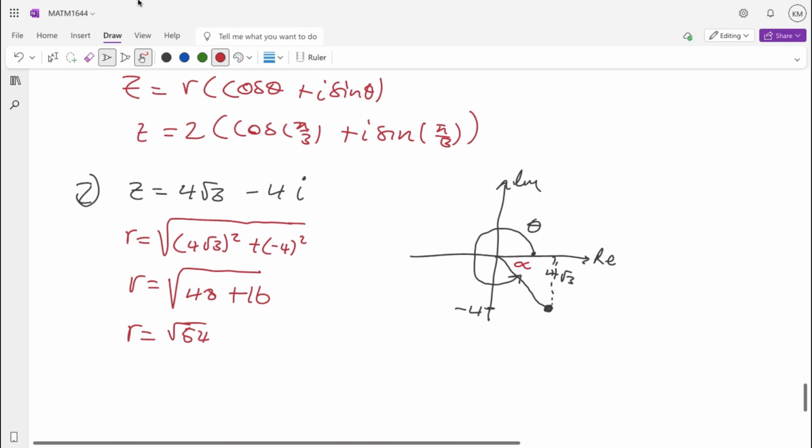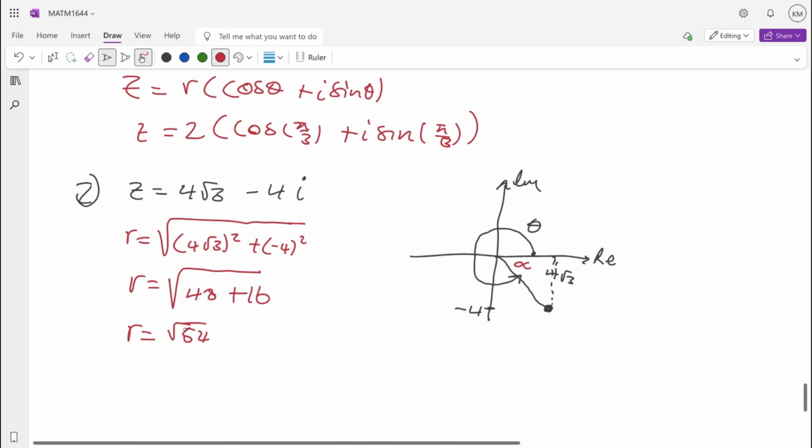Let me quickly confirm that. We have 4 root 3 squared, which is 48, and 48 plus 16.